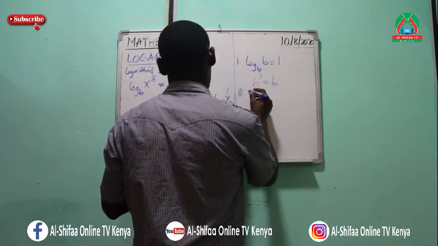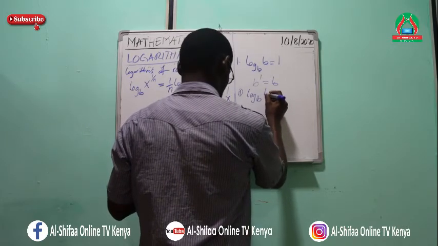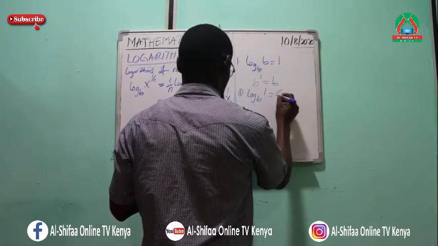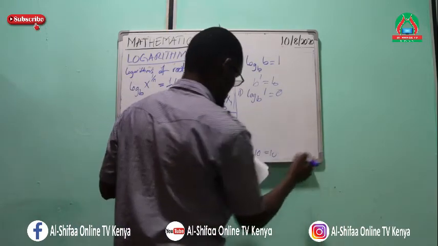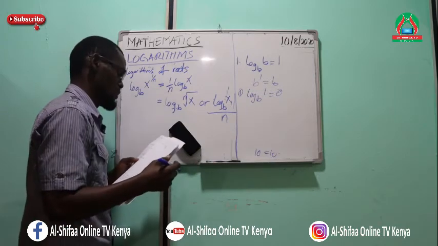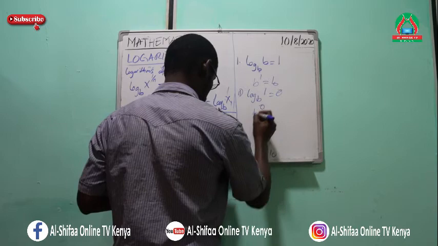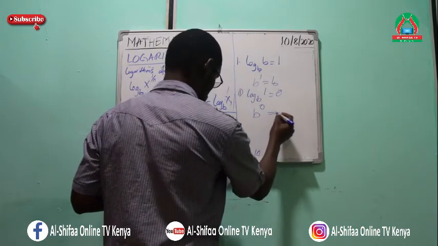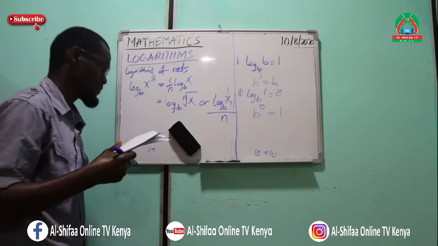Second, we have log of 1 to the base b equal to 0, which when changed into the index form, we'll see that a number to the exponent 0 is equal to 1, which is equivalent to this property.